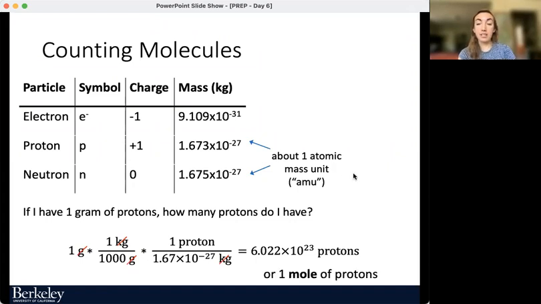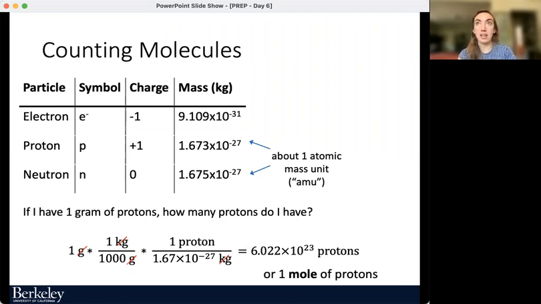So this number is kind of like a unit. 6.022 times 10 to the 23 is the same as a mole. So 1 mole of things means 6.022 times 10 to the 23rd of those things.